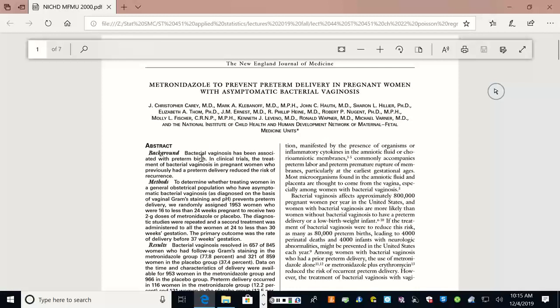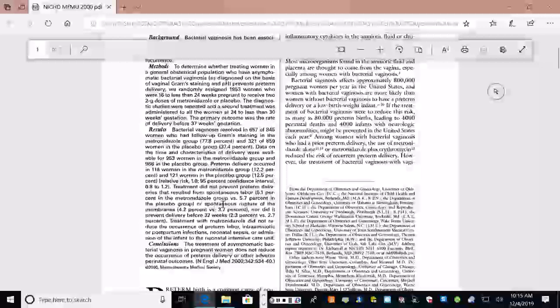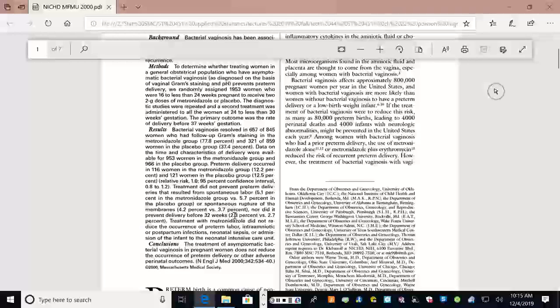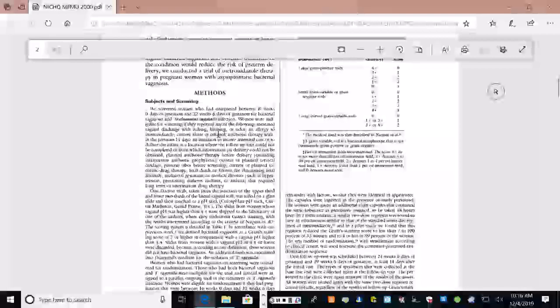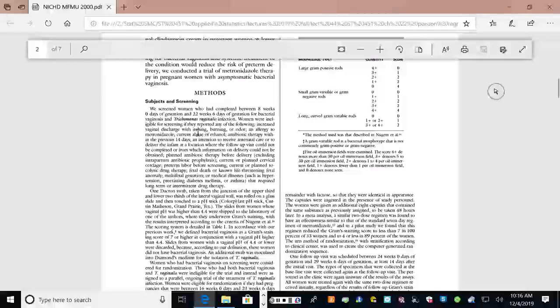So an article has a title, and it gives a little bit of information here. So you get sample sizes, some percentages, and so on. It states kind of the importance of the problem, methods, how they get the women in, 8 weeks to 22 weeks, 6 days of gestation being some of their entry criteria.